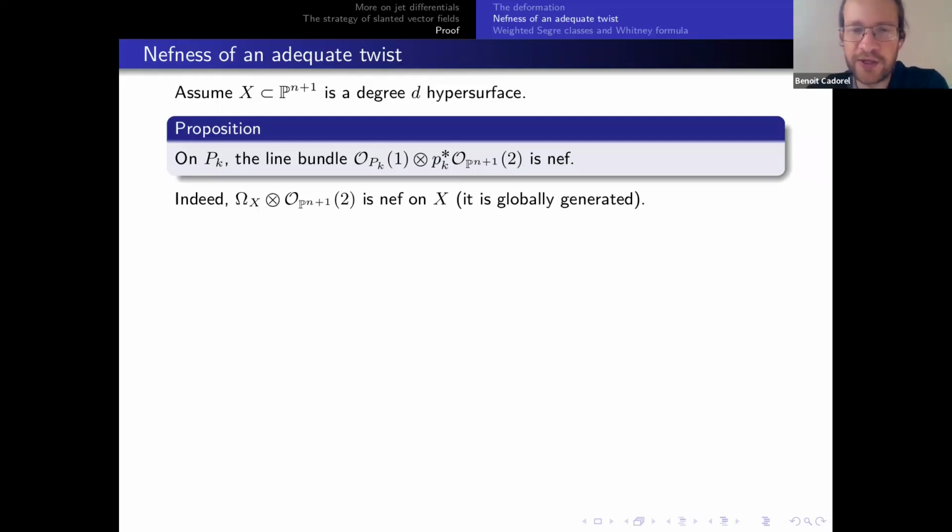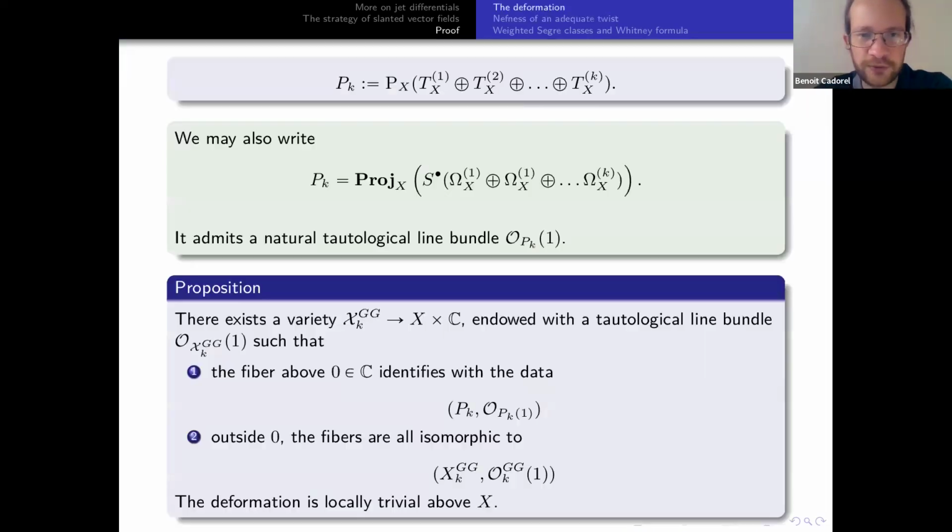So I don't give the details, but the basic idea is that simply the cotangent bundle plus twice this hyperplane section is globally generated. And so you can use the fact that this line bundle is actually the tautological line bundle of some shift of the algebra you use; so I will display the algebra. Some shift of this algebra has as a tautological line bundle this one plus twice the hyperplane section.